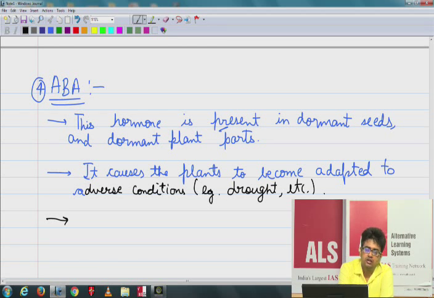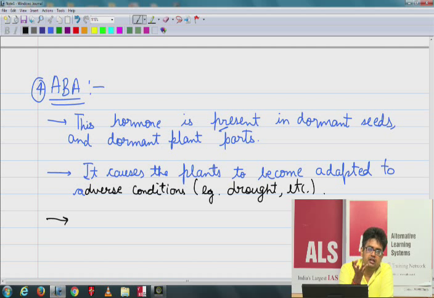If we get water to the plants through a canal, we can use irrigation systems or tube wells. Now in these regions, agriculture might be possible, but there is huge demand of water by the plants. So what can we do? We can spray synthetic abscisic acid. The name of one such synthetic abscisic acid is phenyl mercuric acetate.